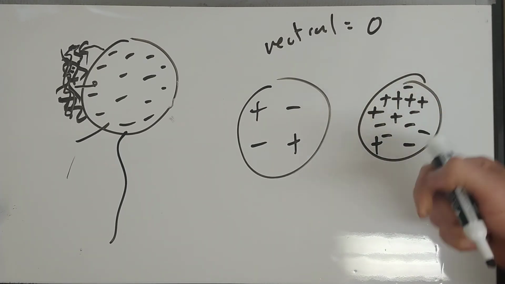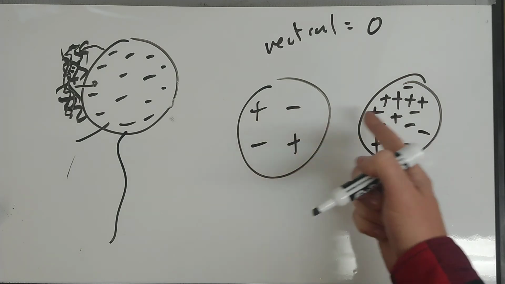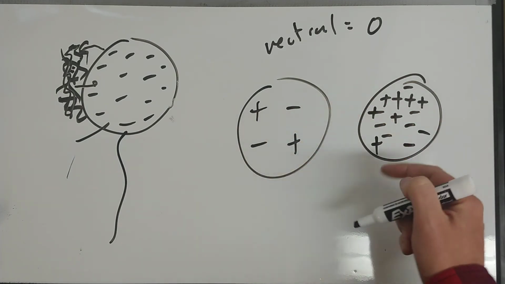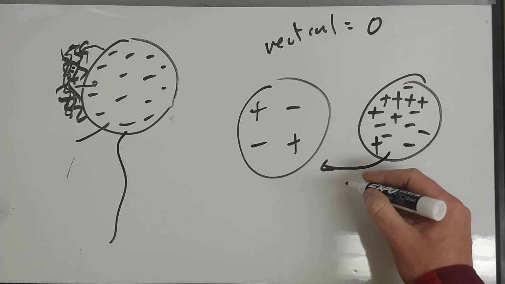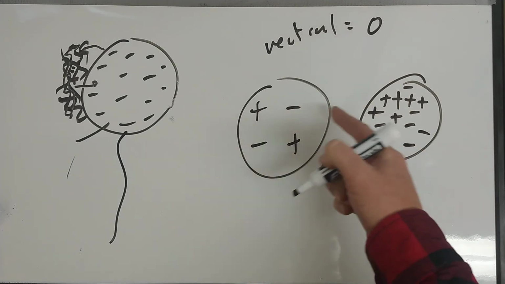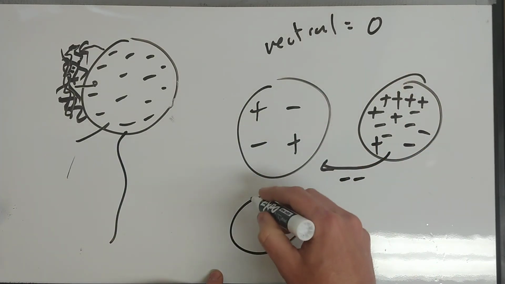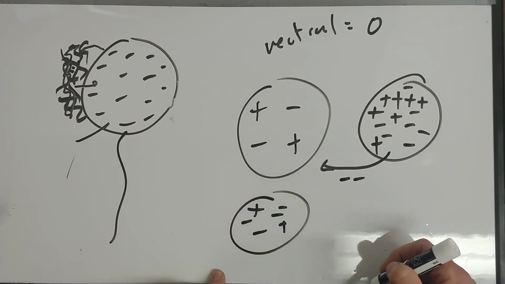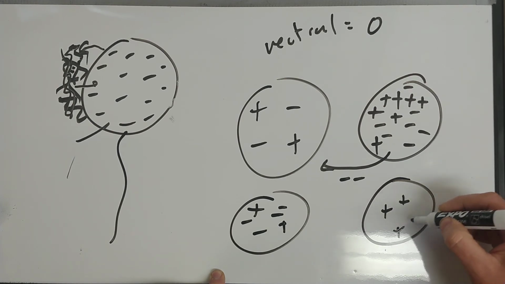It's also neutral. Let's say you rub these together and for whatever reason this one takes some of the electrons from this one. Let's say it takes 2 electrons from this guy over here. So touching these 2 things together takes 2 electrons. Now this one over here has accumulated 2 extra electrons. This one over here has lost 2 electrons.